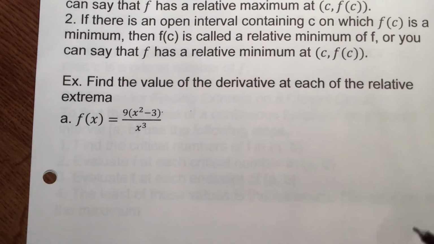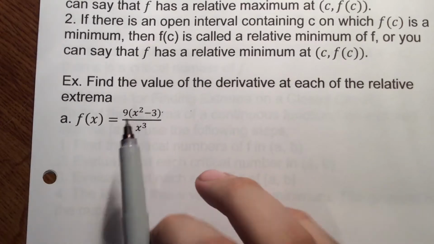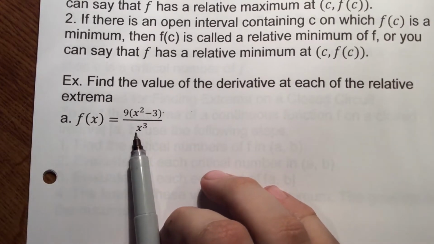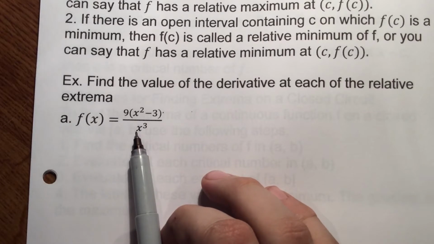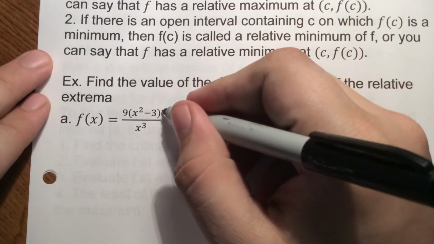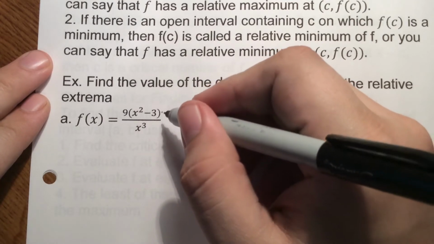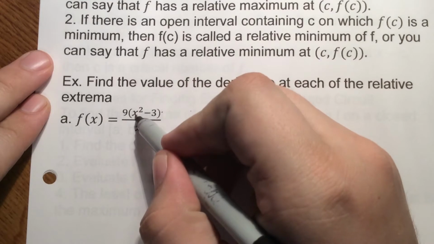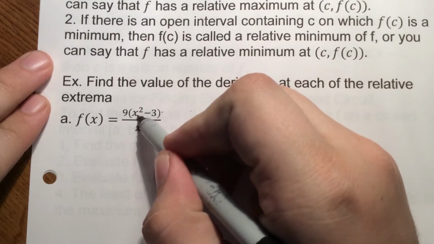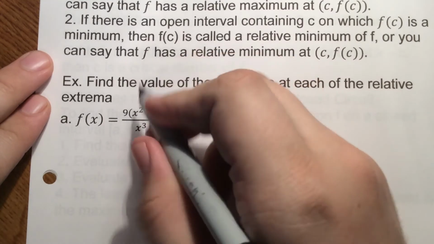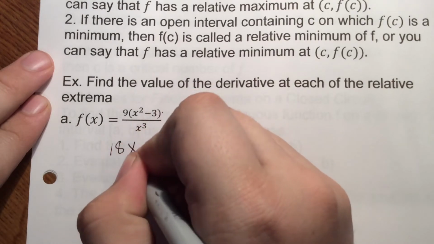The first thing we're going to do is find the derivative. Here we have stuff on top and stuff on the bottom, so we're going to end up doing the quotient rule. The quotient rule is the derivative of the top, which for your x squared would be 2x times the 9, so this is really 18x.